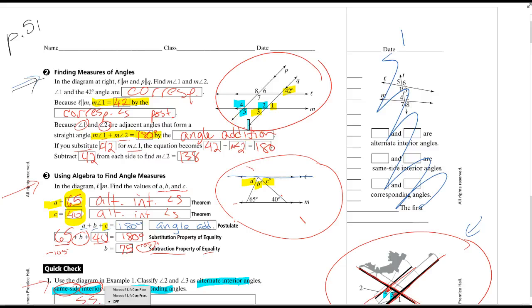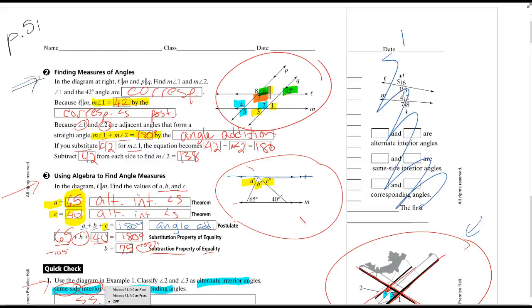Angle 6 is corresponding with 42, so angle 6 has to be 42 degrees. Angle 7, you have two options here. Angle 7 is supplementary to angle 6.